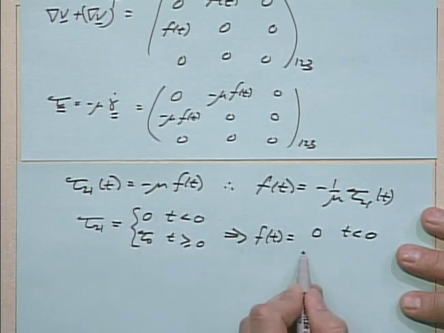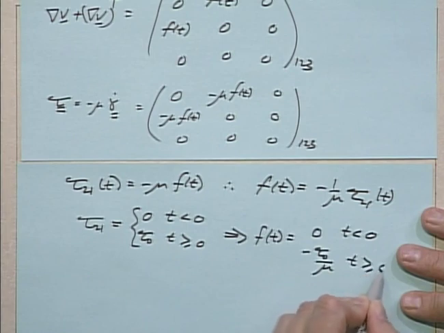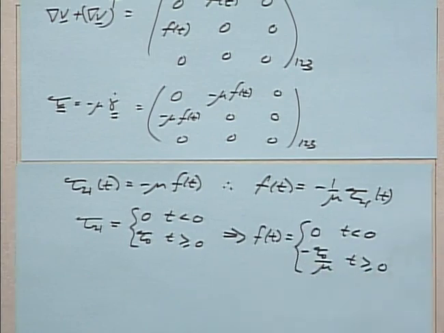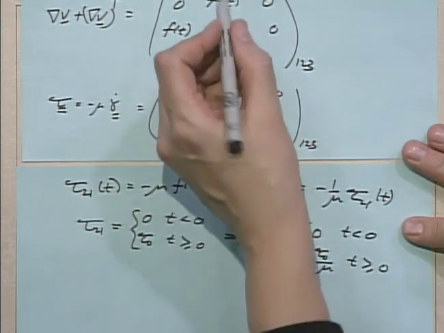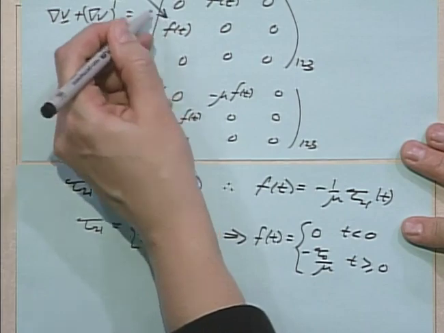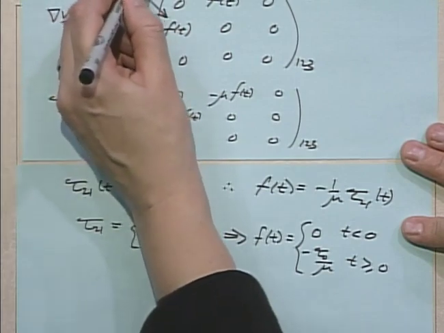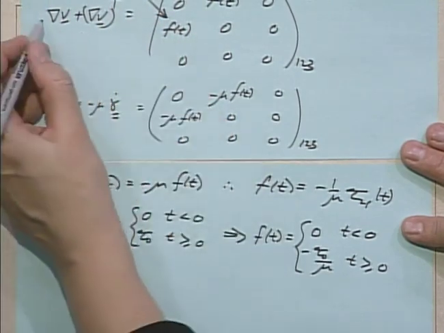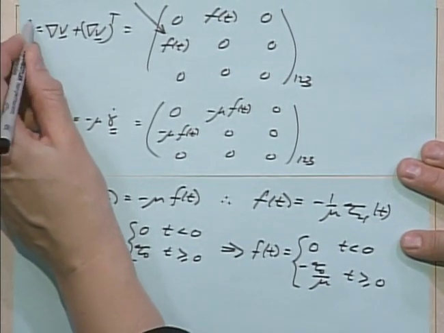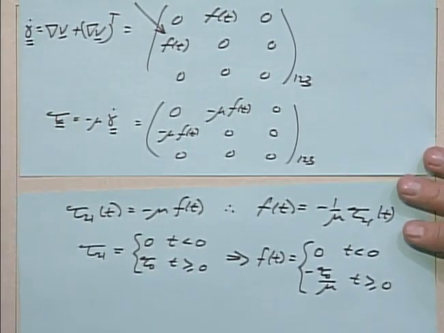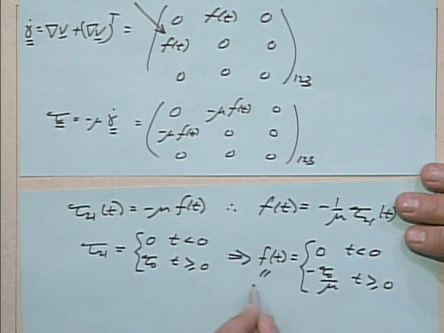And then minus tau naught over mu for t greater than or equal to 0. This f of t is clearly equal to gamma dot 2,1, the shear rate. It's the 2,1 component of the gamma dot tensor. So this is, in fact, the shear rate.